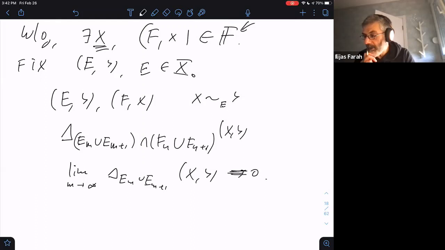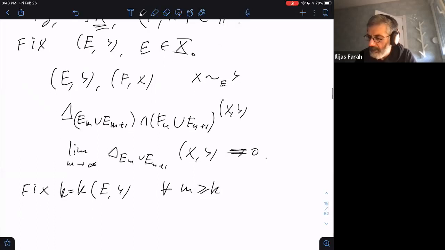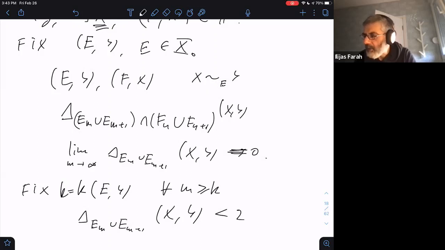So what do we have? There exists some K of EY, so that for all M greater or equal than K, this delta EM union EM plus 1 of XY is less than, how small do I want it to be? Well, 2 to the minus D minus 1 will do.